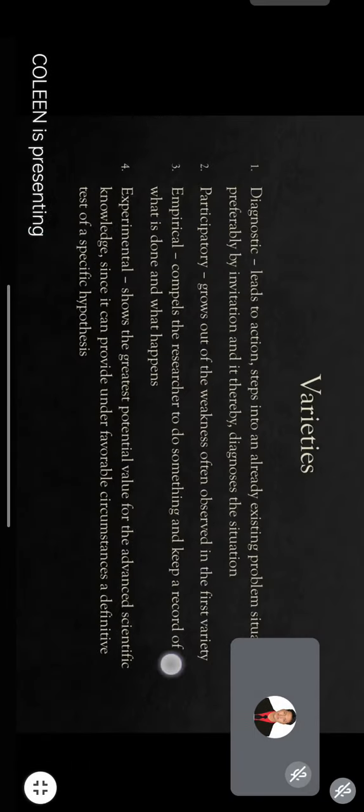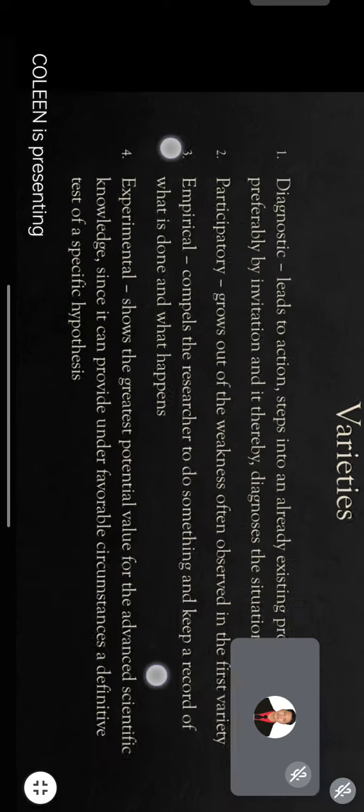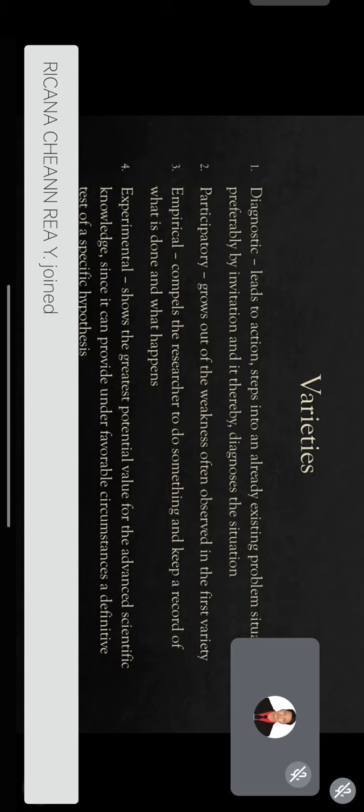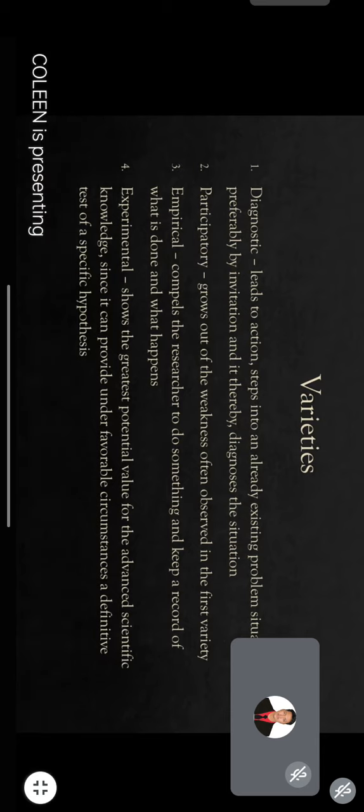So an action research is diagnostic if it describes existing problem and suggests possible solutions. It's participatory because even the researchers can serve as respondents to the study. Active participation of those who have things to do with the research paper is required.